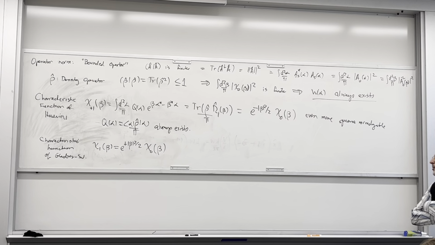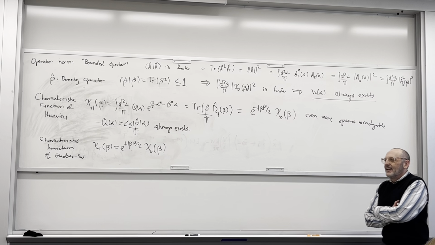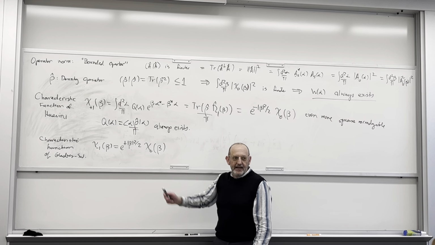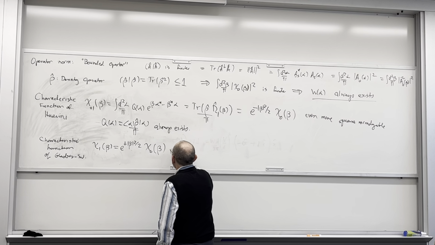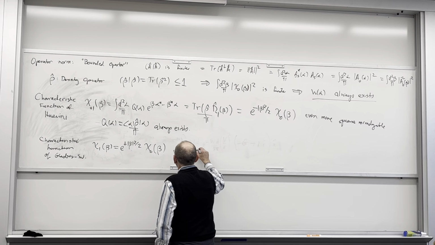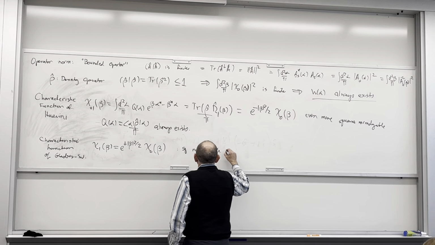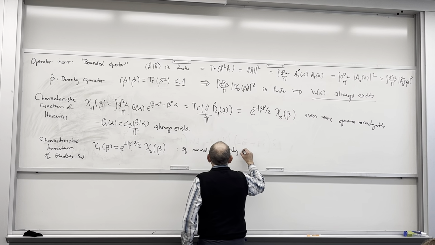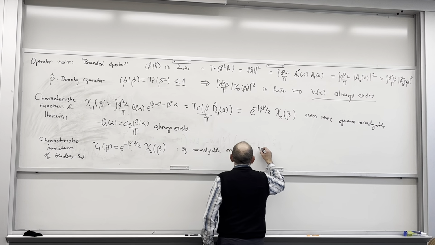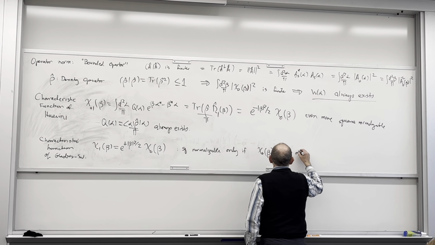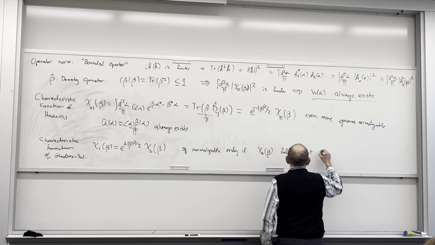Is that going to be square normalizable? What's the answer? It depends, right? It depends on how fast this thing falls off with beta. So that means this is square normalizable only if the characteristic function of the Wigner function falls off at least like a Gaussian.